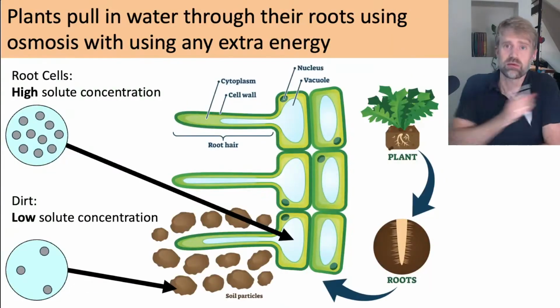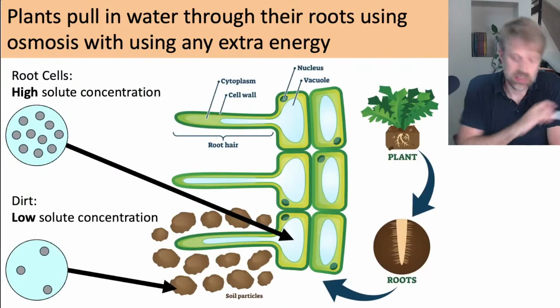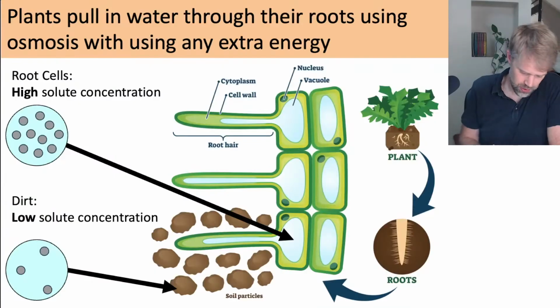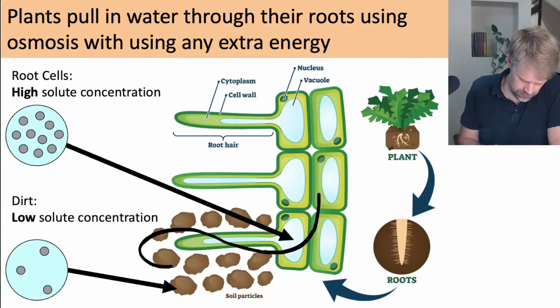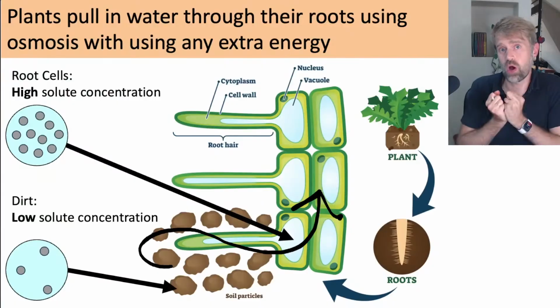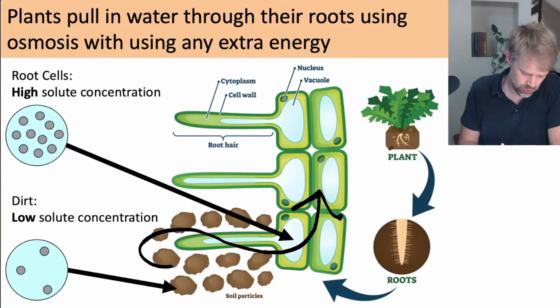And lastly, in roots and in kidneys, water moves via osmosis. In this case, it moves out of dirt into the cells. You can think about it moving out of the dirt into the cells because it is drawn in, pulled in by the high solute concentration.